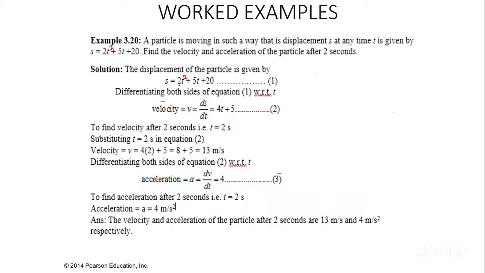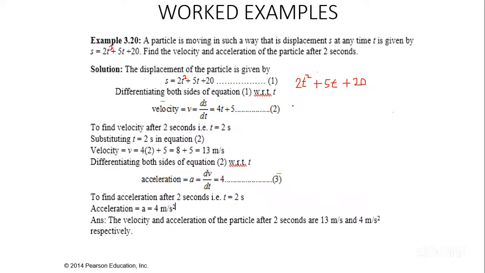So if we differentiate this, 2t squared plus 5t plus 20.